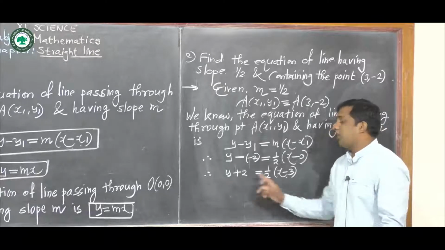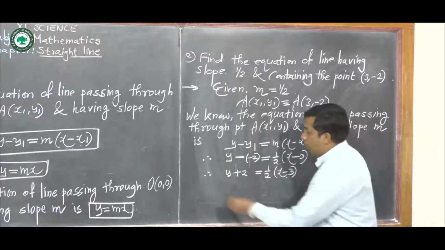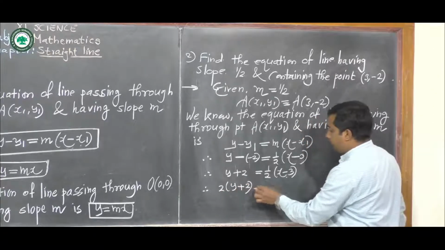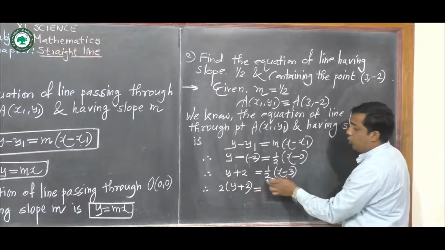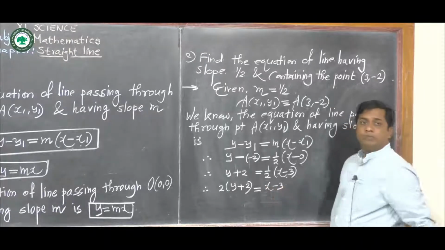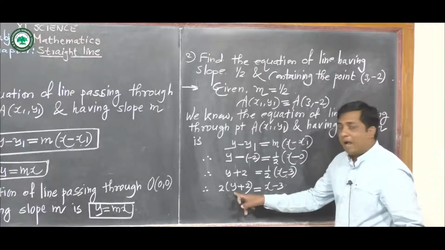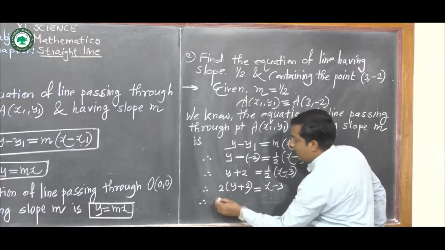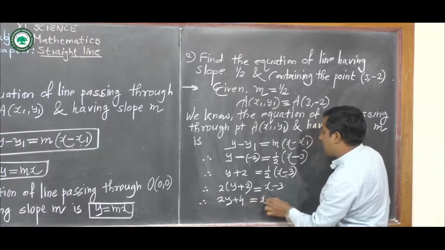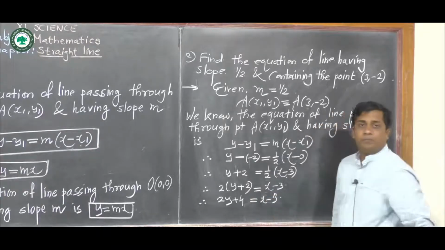Let's multiply both sides by 2. Then we get 2 into bracket y plus 2 is equal to, 2 by 2 is 1, only x minus 3 remains. Then we multiply the bracket by 2 first, we get 2y plus 4 is equal to x minus 3.